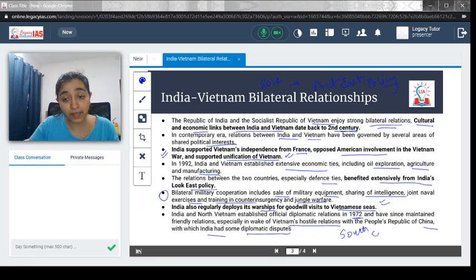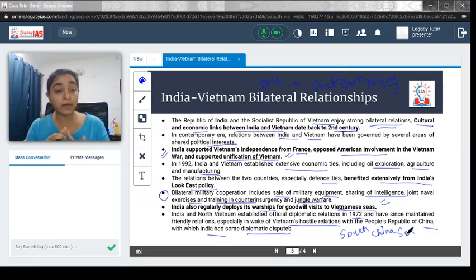There are certain islands which are contested between Vietnam and China, along with Taiwan also. So in that regard, it means that Vietnam and India are converging against China's increasing influence over the region. So these are a few things.